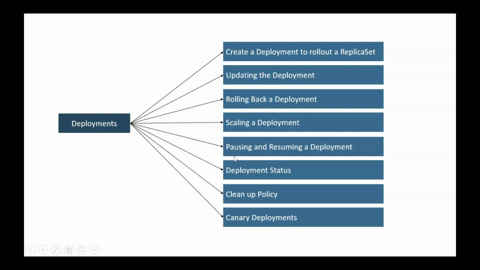You can pause and resume the deployment. There is one kubectl command to pause the deployment and again resume the deployment. We use pausing and resuming in a case where you need to do multiple things in Kubernetes. Suppose you are running kubectl commands to make changes in your Kubernetes, and you are changing the Kubernetes manifest file.